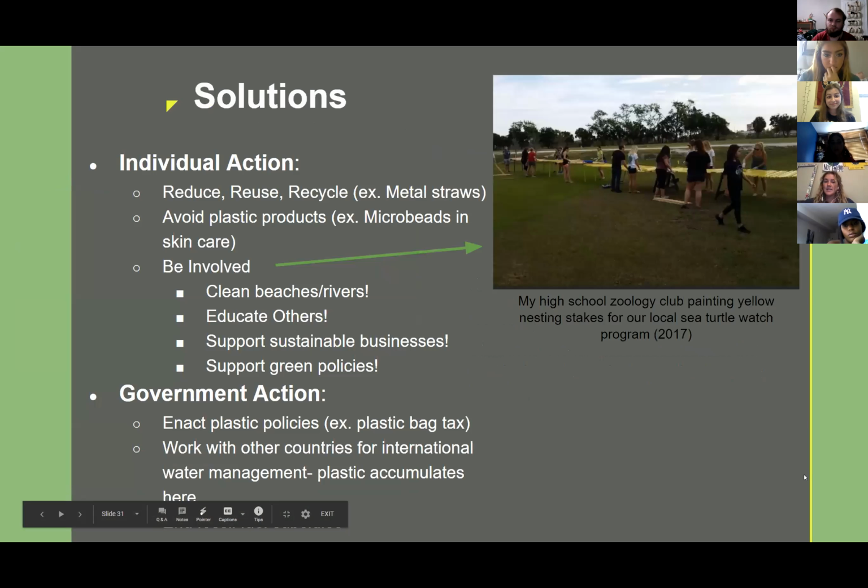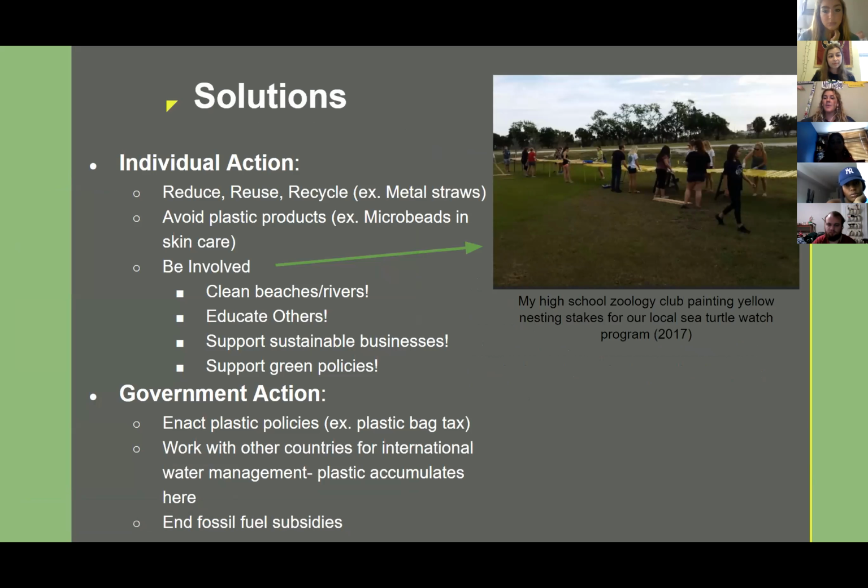Next slide, please. And so some solutions we have, some individual actions that we can do on a daily basis, is to obviously reduce, reuse, recycle, heavy emphasis on reduce. And you can do that by using metal straws, avoiding plastic products, like Joseph said before, microbeads in skincare, and really just get involved. Try to organize some beach cleanups, rivers.